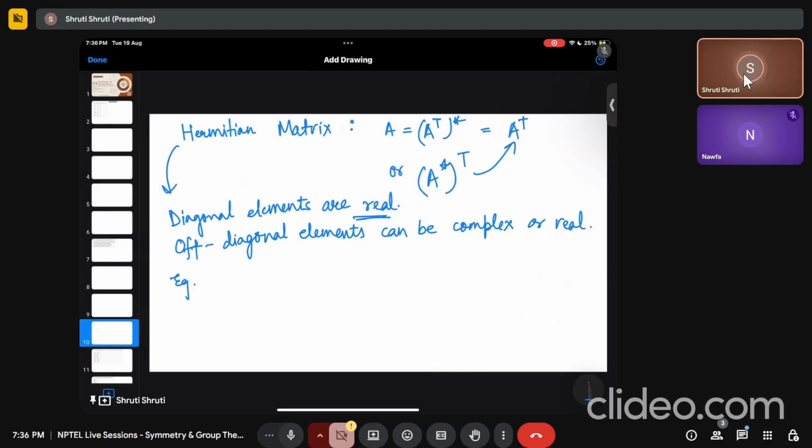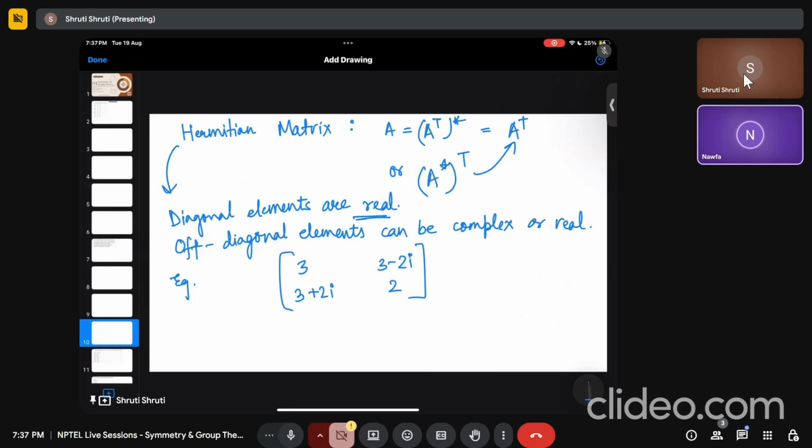Let us suppose this is a matrix. How will you prove that this is Hermitian? You should do those operations and then check if it's equal.